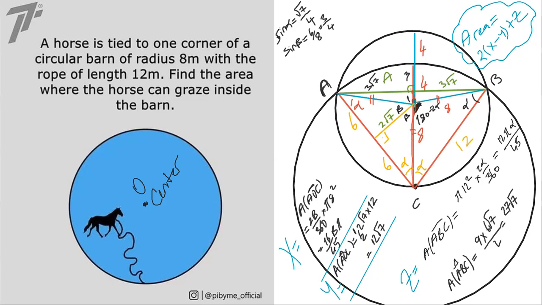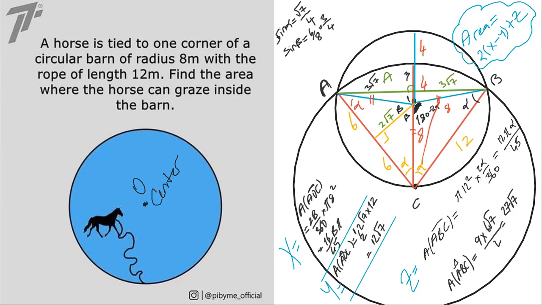Also in this triangle, if we draw AB, this straight line, if you check this triangle, it is similar to this triangle because alpha, 90, beta, alpha, 90, this will be beta. So using this similarity, this is 12 and this is 8.